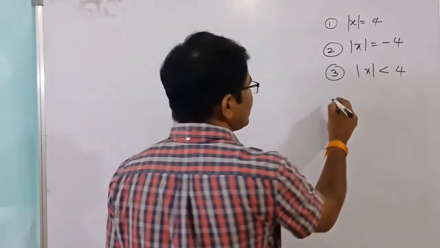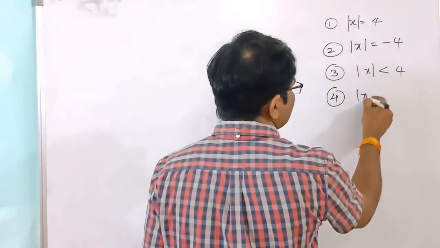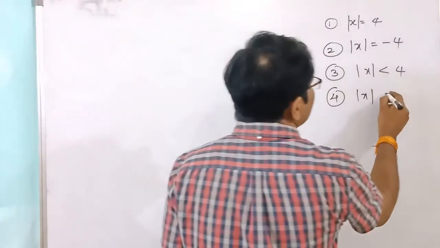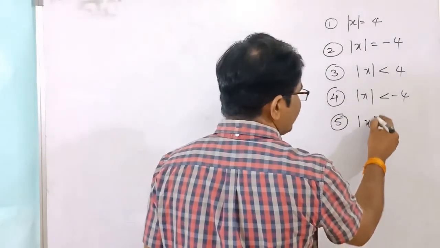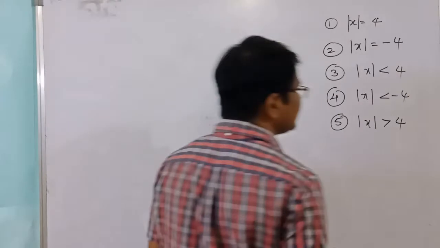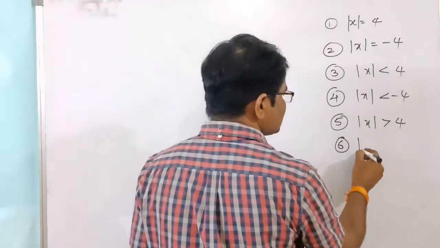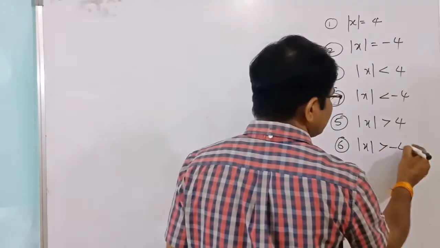The fourth one is mod X less than -4, the fifth one is mod X greater than 4, and the sixth one is mod X greater than -4.